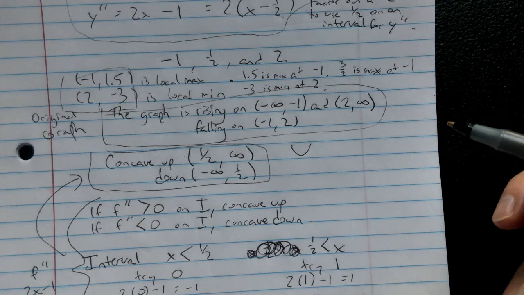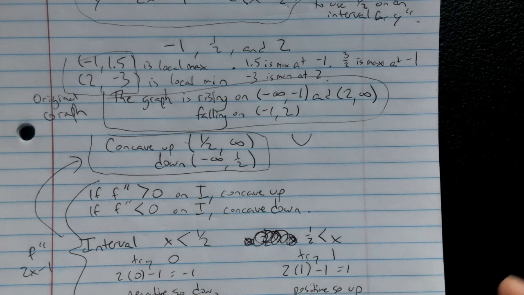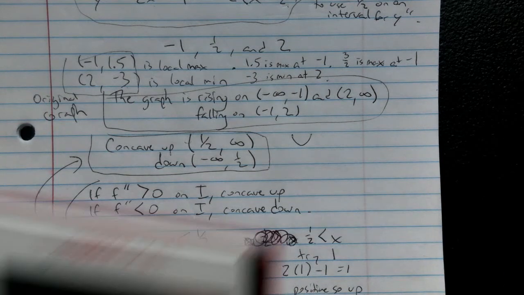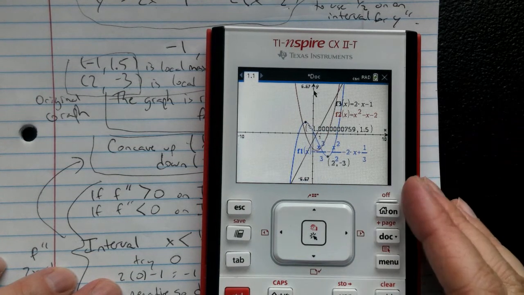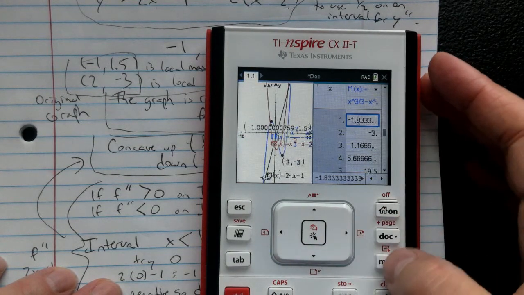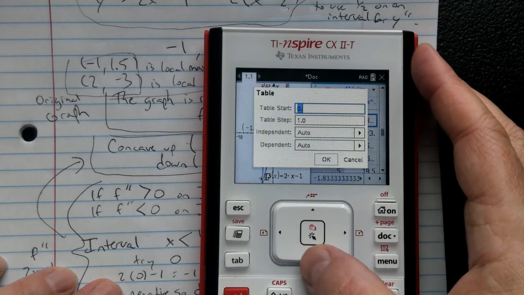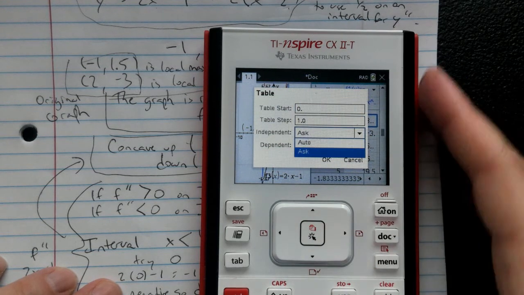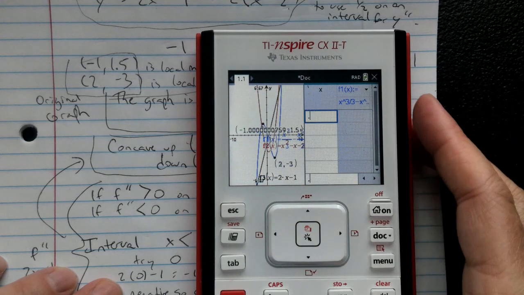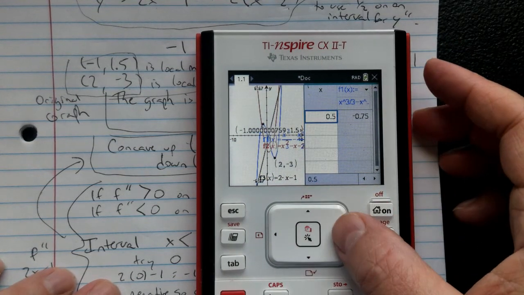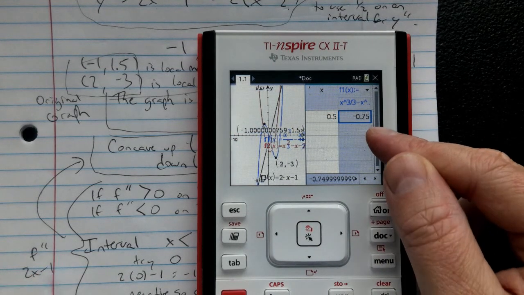The other point that they're interested in is when you have your 1/2. And let's just go to the table to make it easy on this. Control T. Let's just choose this to be independent, and I'm going to put 0.5. So when we do that on the original, we get -0.75.